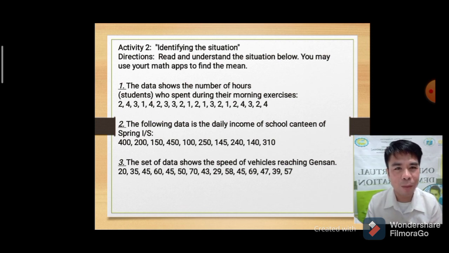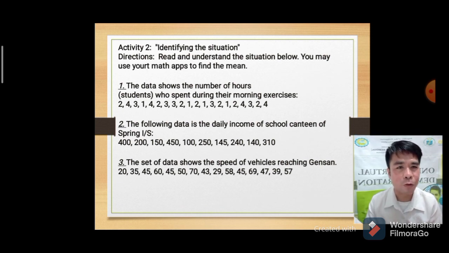For problem number 3, the set of data shows the speed of the vehicles reaching Jensen. We have 20, 25, 45, 60, 45, 50, 70, 45, 20, 43, 29, 53, 45, 69, 43, 39, and 53.